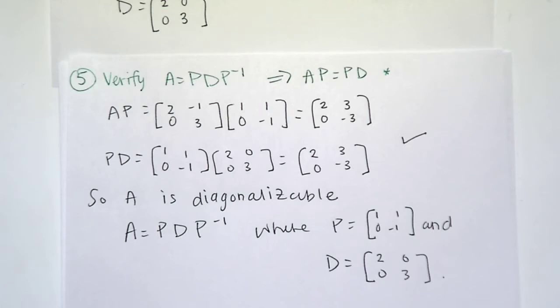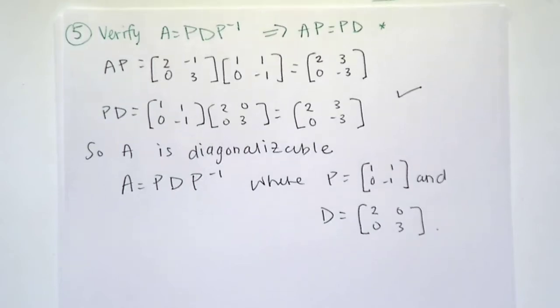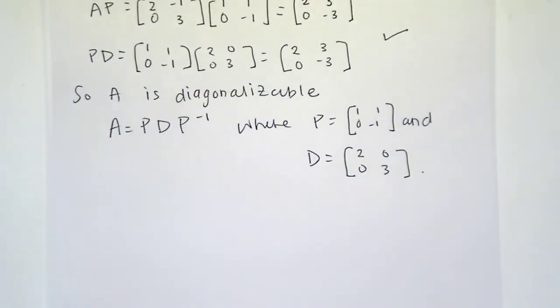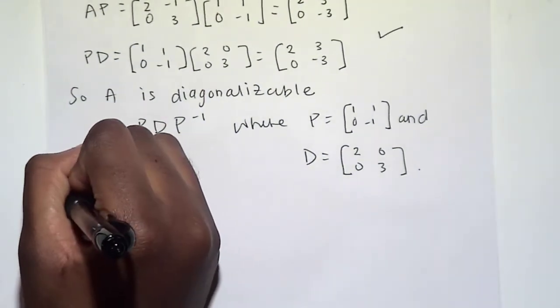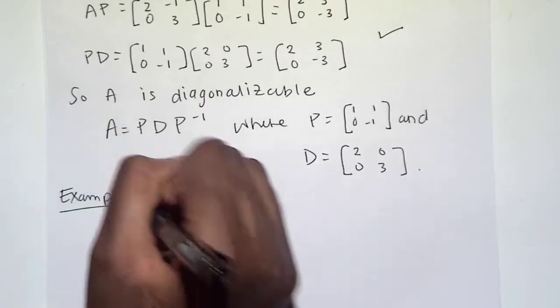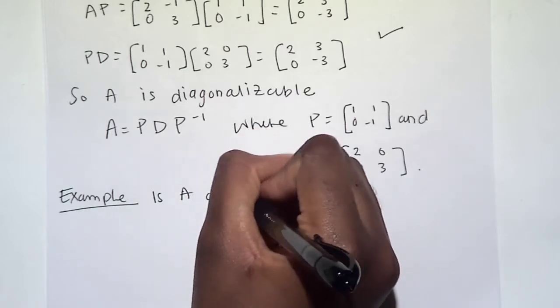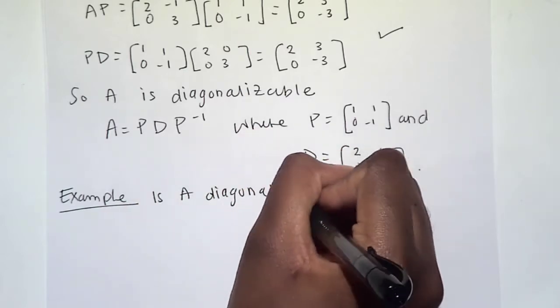Okay, so next we're going to look at another example and see what it looks like when A is not diagonalizable, so we can know what to look for when we're working these problems. Same question: is A diagonalizable?